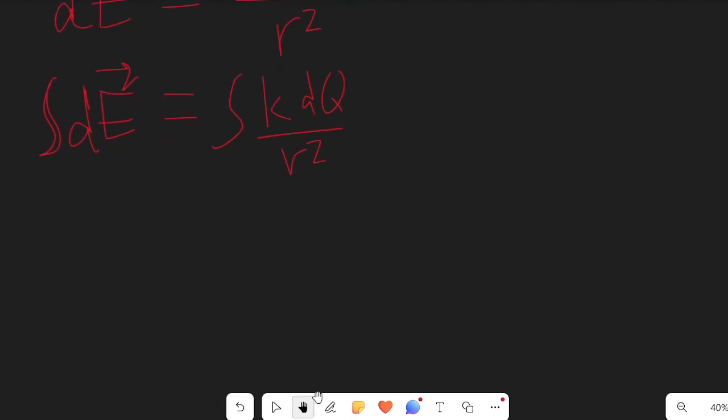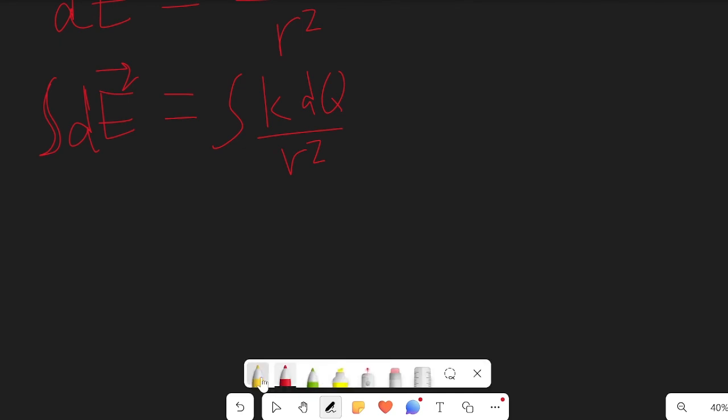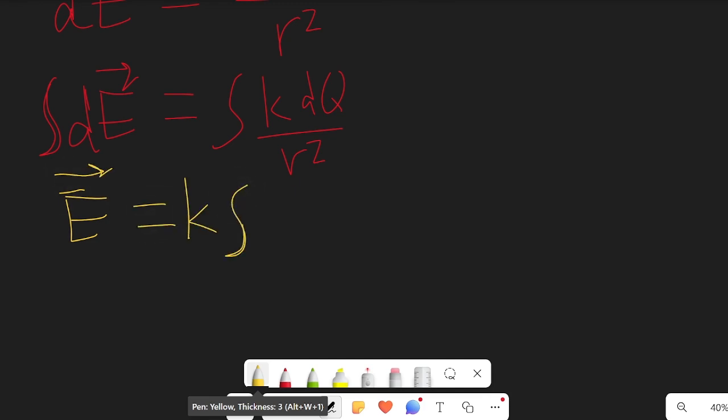Let's put it in a different color, red's kind of hard to see. So the electric field as a vector will be equal to the Coulomb constant times dq over r squared. We're at the same point in the derivation where we need to substitute for dq.